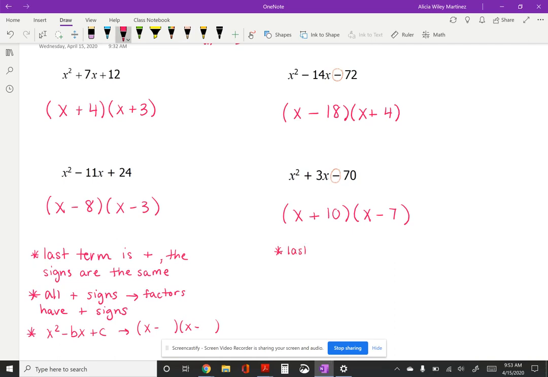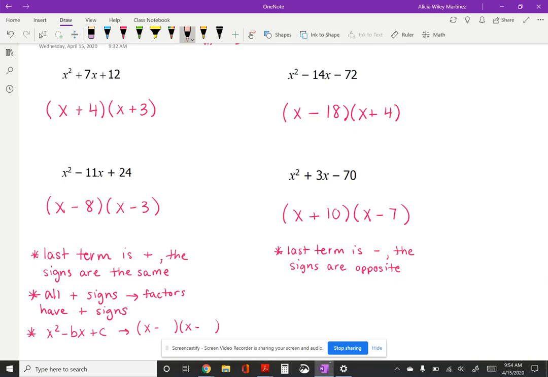So if the last term is negative, then what you're going to end up with in the factors, the signs are going to be opposite, meaning one plus, one minus, right? You can see when the last term was a minus sign in both of these instances, one of the factors has a minus and one has a plus. So that's another pattern that we can see, okay?